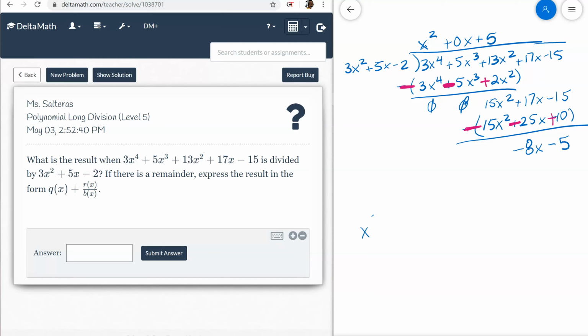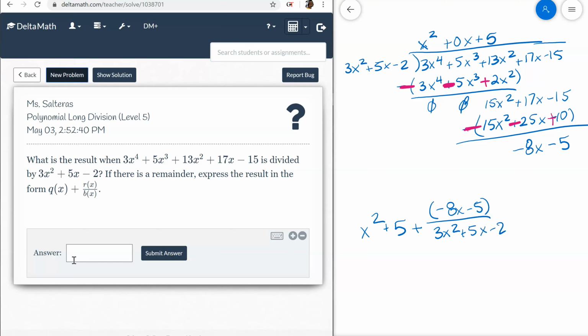So our answer is x squared plus 5. Again, you don't need to write that filler. I'm pretty positive Deltamath will take it. Plus, again, put your remainder in parentheses when you plug it into Deltamath, over 3x squared plus 5x minus 2.